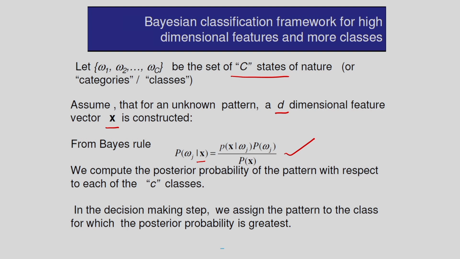So we have to compute the posterior probability corresponding to the feature vector x. For the decision making, we assign the pattern to the class for which the posterior probability is the greatest.